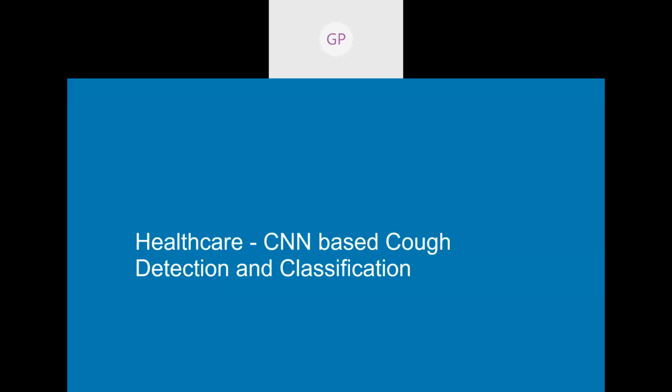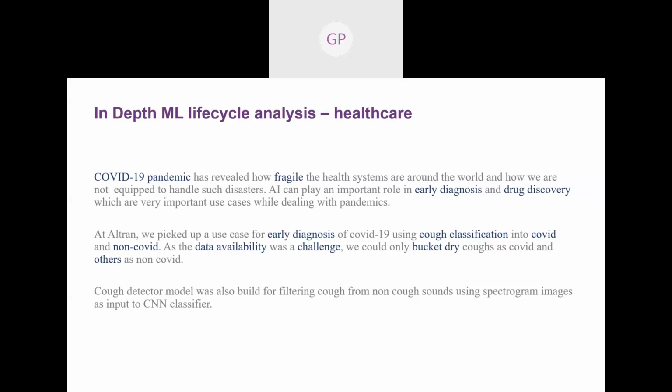What we're trying to do is first detect the cough, so that we filter out whether it's really a cough or a different audio, and then classify the cough into COVID or non-COVID.